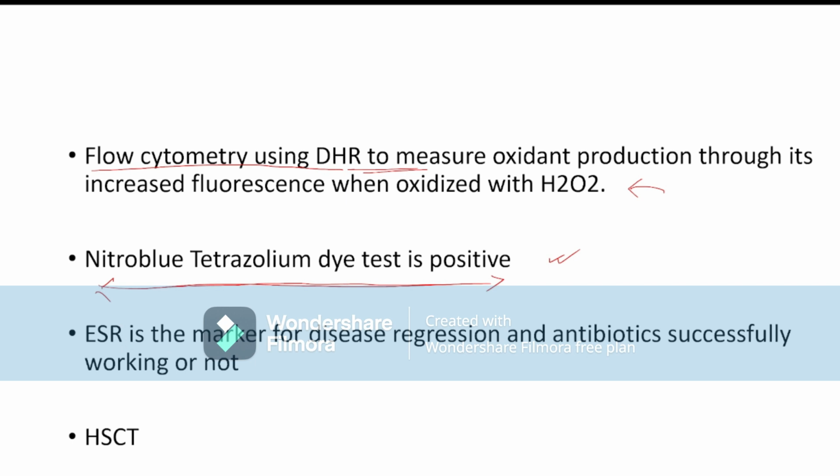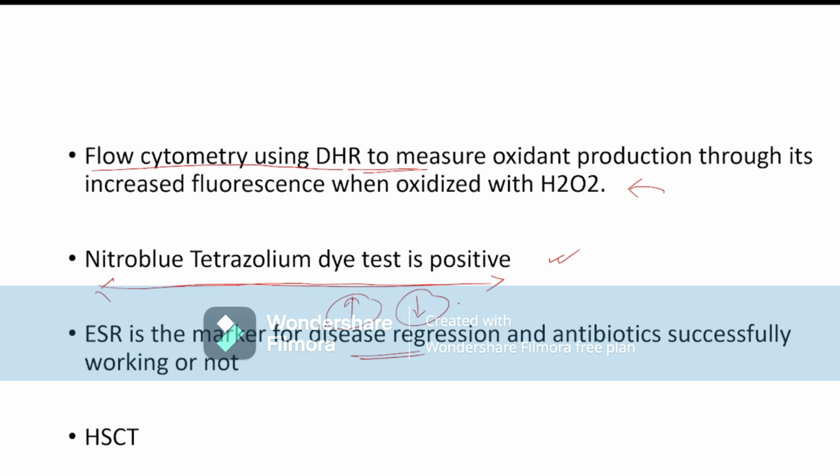And ESR is a marker of disease regression. That means, as the name says, it is a chronic disease. So chronic infection causes high ESR. So if the ESR is high and the child is suffering from some deep-seated infection, after we give the antibiotic for treatment, if the ESR gets low, then that means the antibiotic is working successfully and the disease process is decreasing.